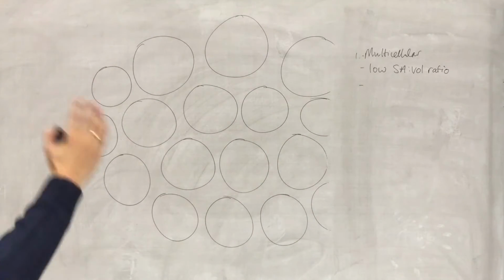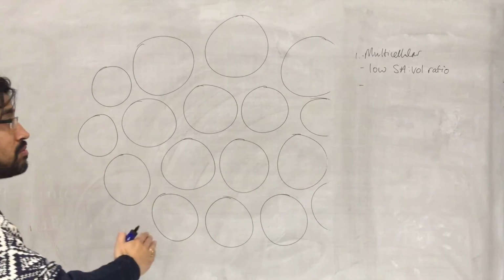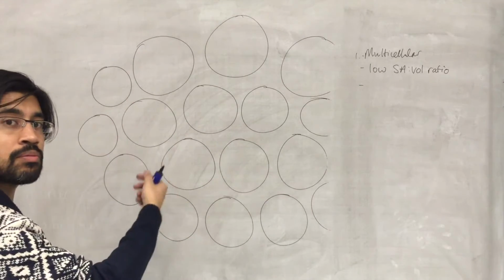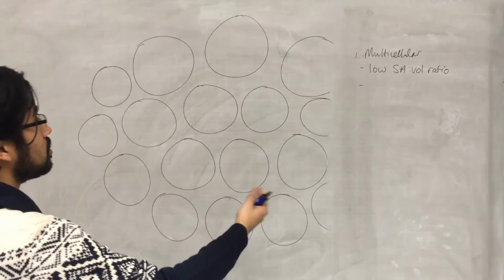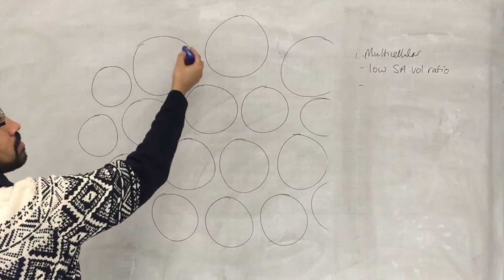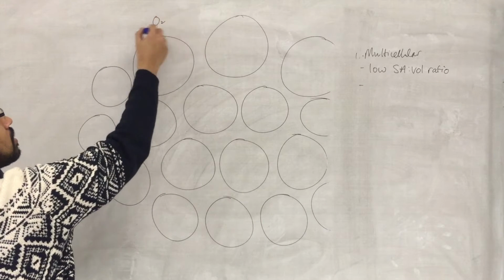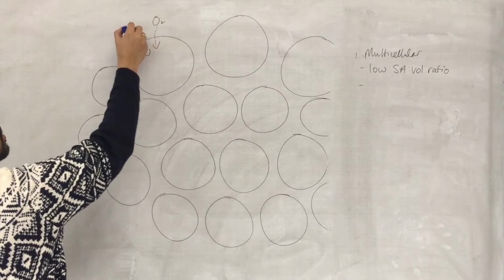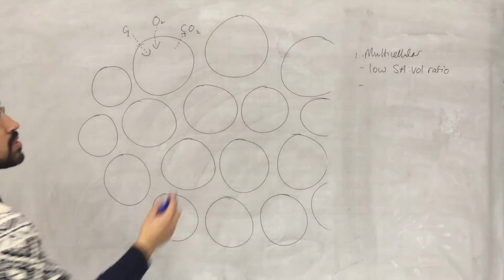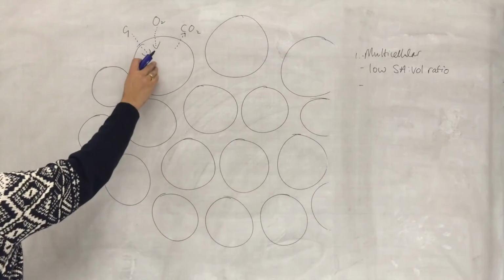But each individual cell still has to go through the same processes as what we discussed before. So each of these cells needs oxygen and glucose from the environment and needs to remove carbon dioxide. On the surface, these cells may find it easy to do that. Oxygen diffuses in, glucose diffuses in, carbon dioxide diffuses out, down the concentration gradients, because of respiration happening in the cell.